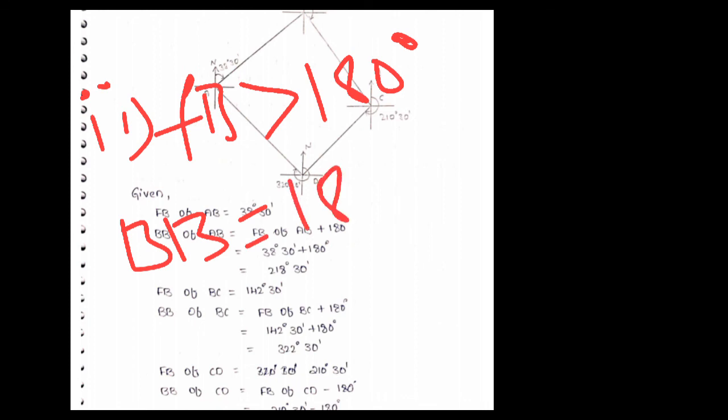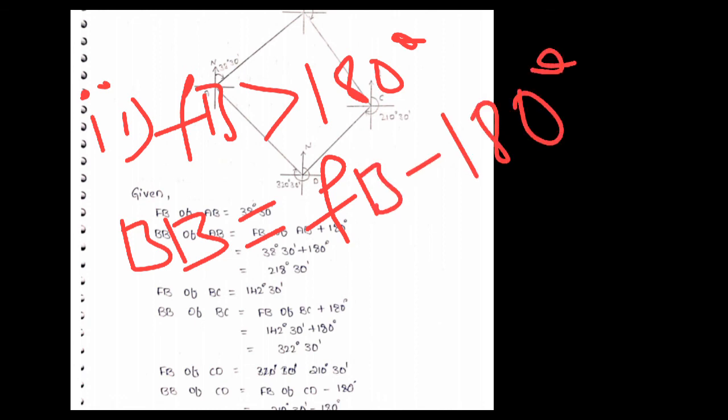Now the second instruction, an indication you have to remember. If the fore bearing is greater than 180 degrees, then the back bearing is equal to the fore bearing minus 180 degrees.